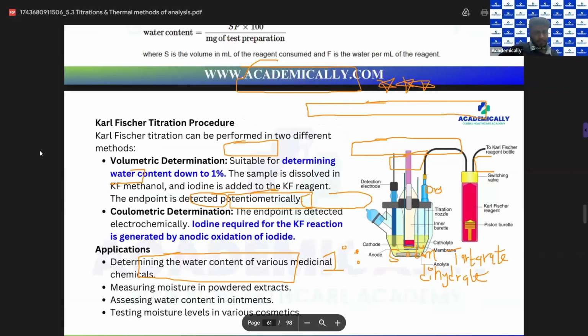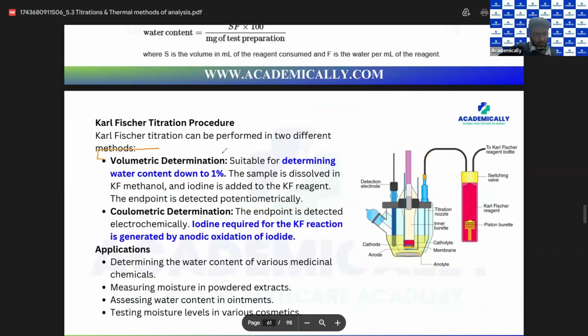Now it can be done via two techniques. Either you can use volumetry or you can use coulometry. Coulometry is an electrochemical technique only. Volumetric is suitable for water content up to 1%, and the other is coulometry.